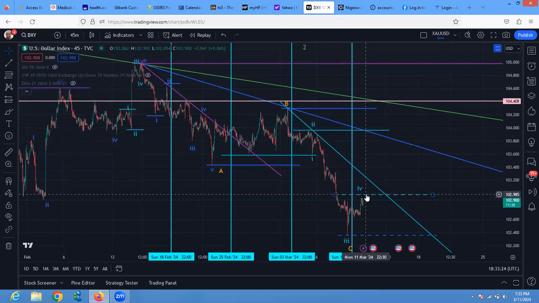That's the retracement of 38. And if we should break this to the upside, that means that we are correcting from here to here. So from this top to this bottom, once we break here.